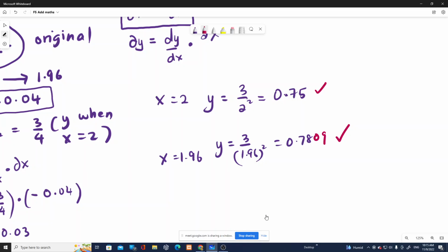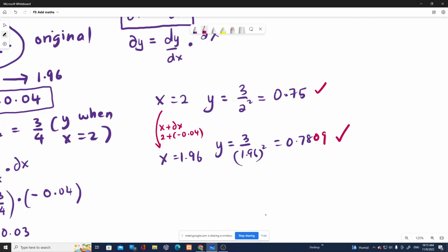But in our approximation, your x needs to plus delta x in order to get 1.96. That means 2 plus negative 0.04 to get 1.96, correct?